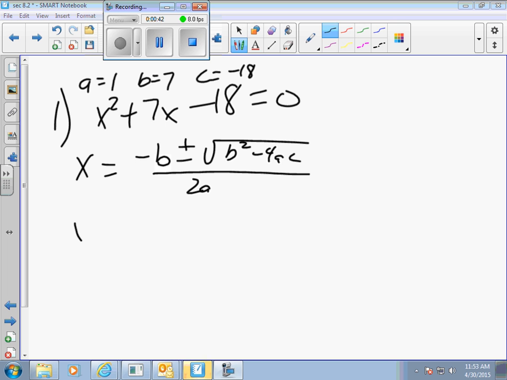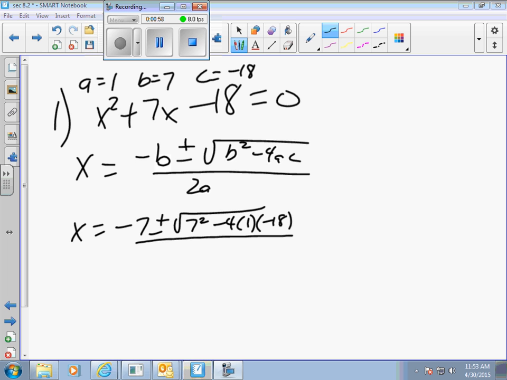When I plug those values into our quadratic formula, I get negative 7 plus or minus the square root of 7 squared minus 4 times 1 times negative 18, all over 2 times 1.